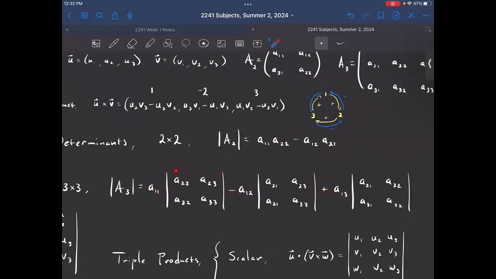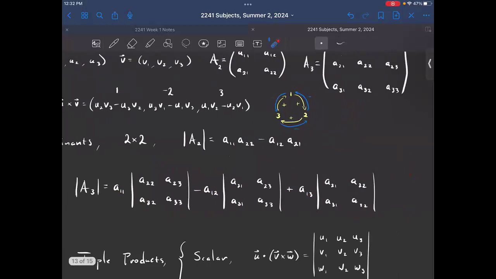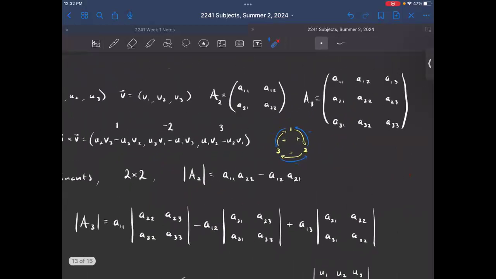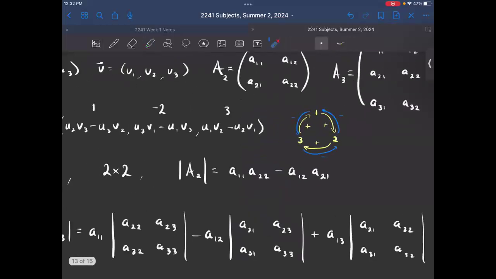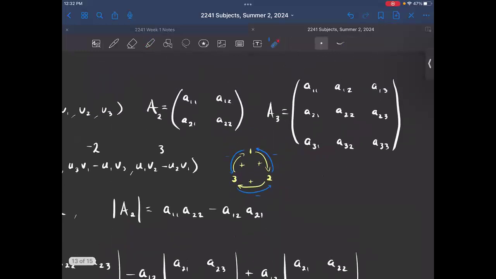Well, this is called a minor of the matrix A3. I won't put the definition of that down because it's not super important, but you just need to know that basically what happens is we say, all right, say we're looking at the A11 term right here, and I want to know how to get this matrix, this minor.